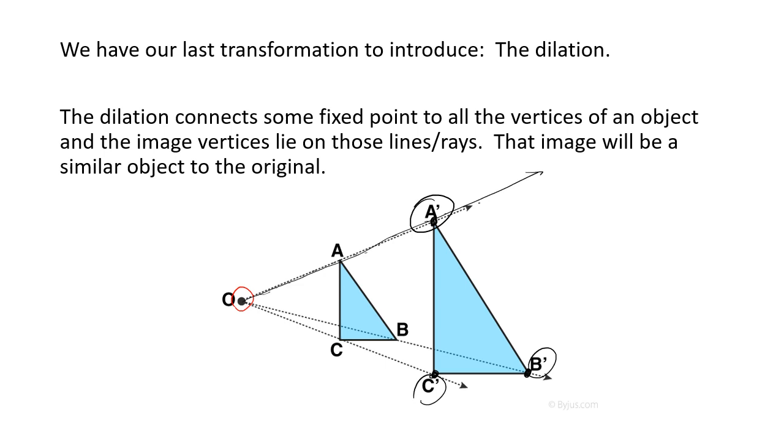Now, these two shapes are going to be similar to each other, and they're going to be constructed in such a way that they are similar. We could put this point here at A prime and this point over here at C prime, and then it would be at this kind of weird angle and it wouldn't work. So we're going to look at the rules of construction around this, but essentially we can see that these are all going to be parallel.